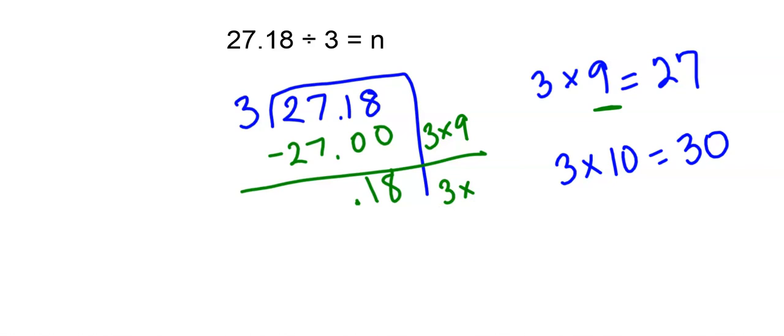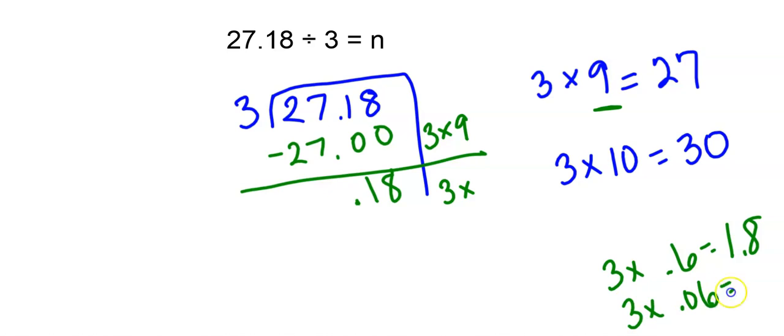So 3 times 6/10 would be 1 and 8/10, but 3 times 6/100 would be 18/100.